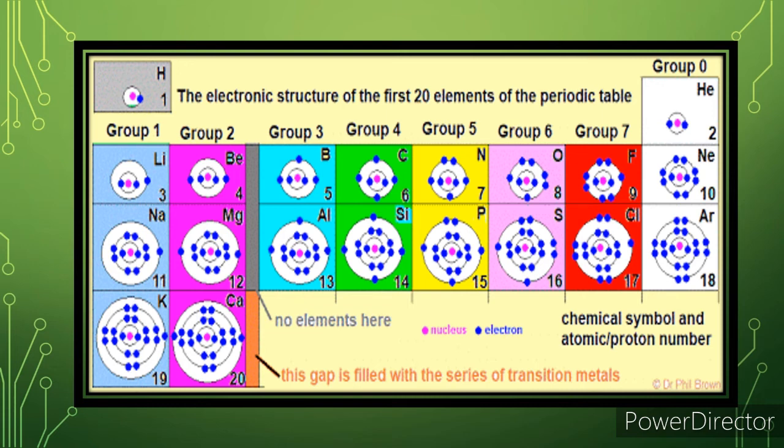Hydrogen has only one orbit, helium has only one orbit, whereas lithium has 2, beryllium 2, boron 2, and up to neon it is 2. Then from sodium the third shell starts, then up to argon 3 shells are there, then from K the fourth shell starts, like that it goes. So this is how we represent the model of the atoms.